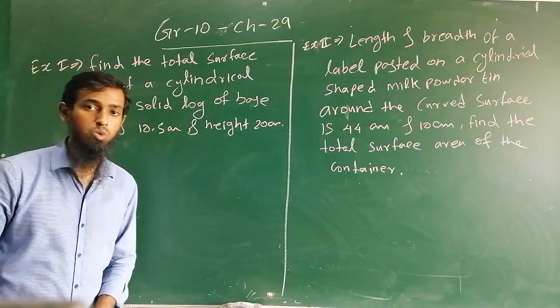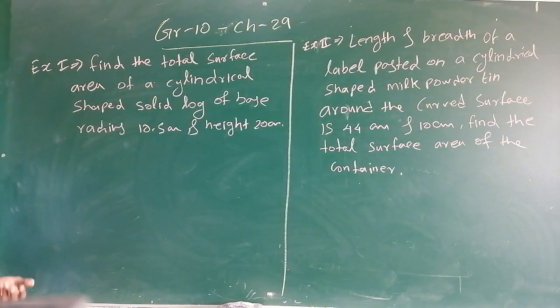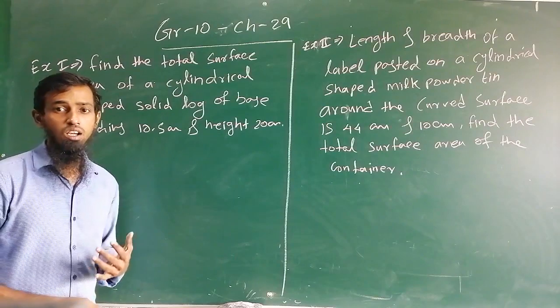Okay students, we have two example questions here. The first one is: find the total surface area of a cylindrical shaped solid log of base radius 10.5 and height 20 centimeter. If the data are given, it is easy.